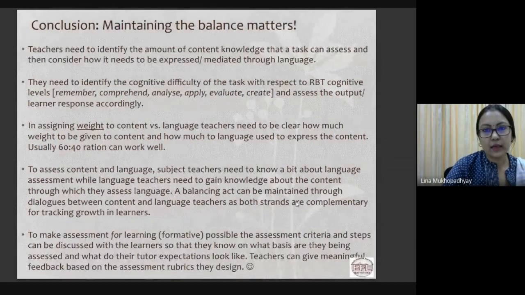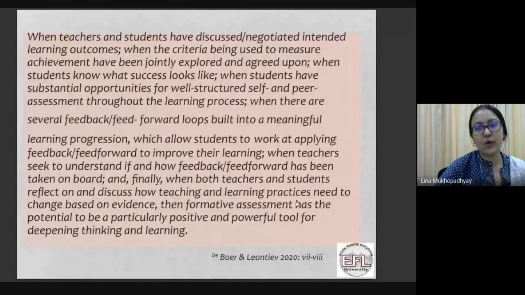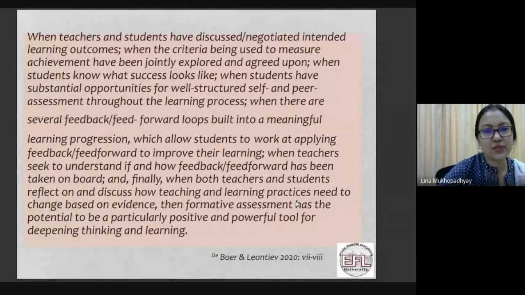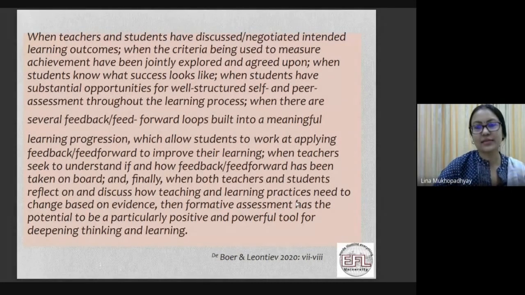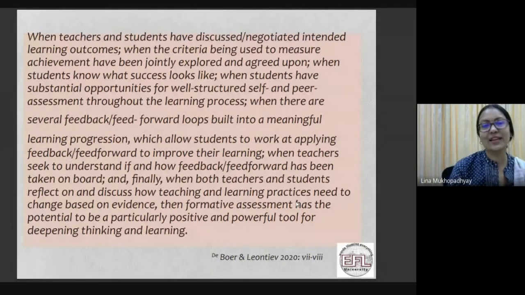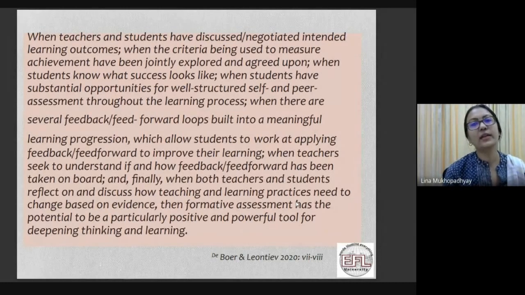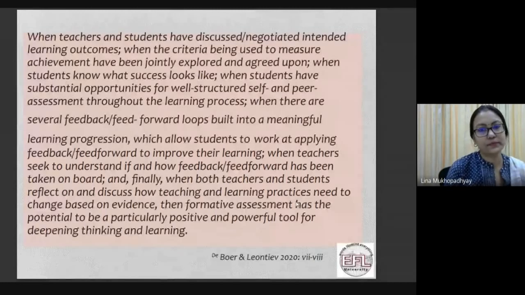I would end with a small quote from a book on content-based language assessment. You can take a minute to read through the quote to understand the teacher-student balance. On one hand, we have the content teacher and language teacher balance, and on the other hand, we have the teacher-student balance to make the model of content-based language assessment successful.